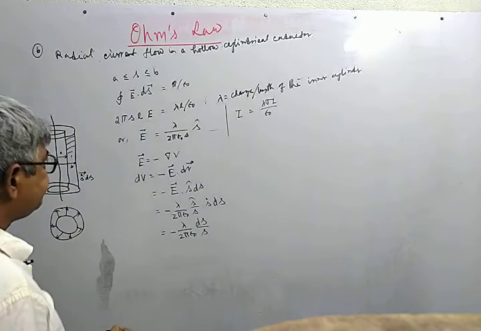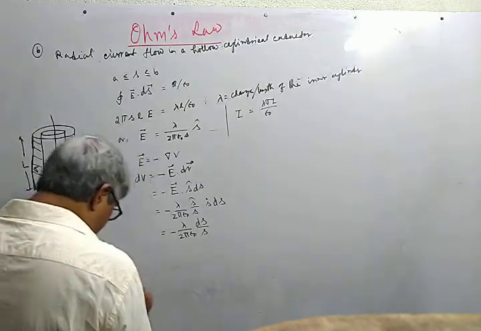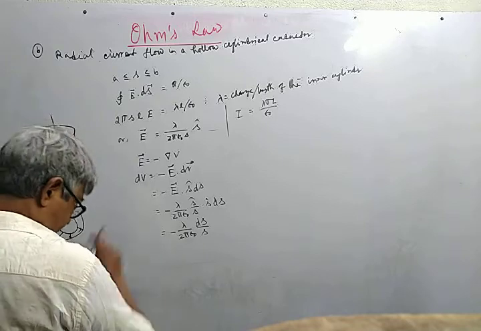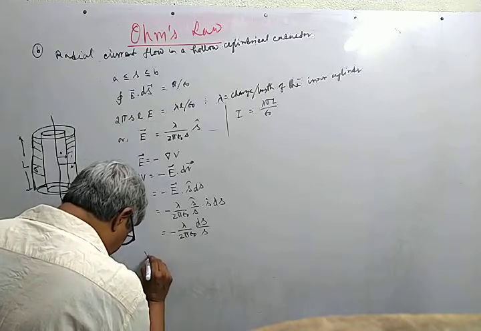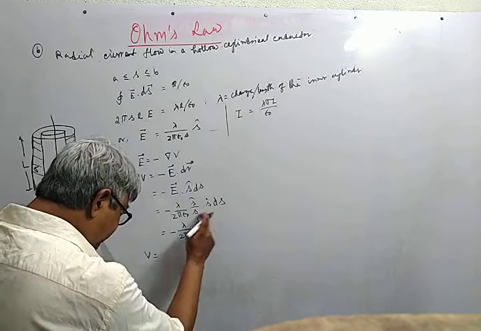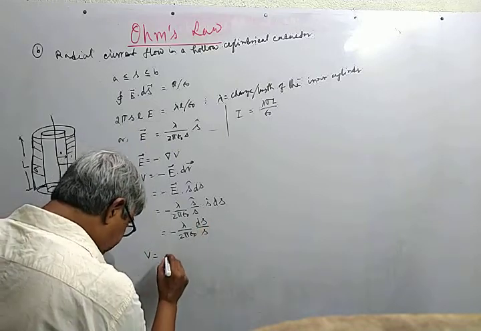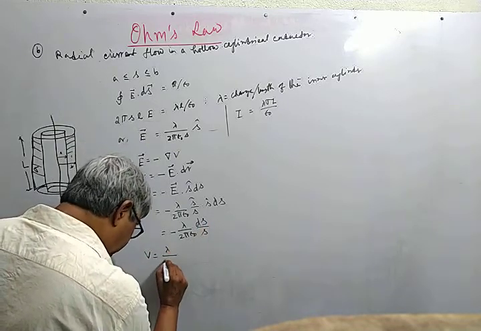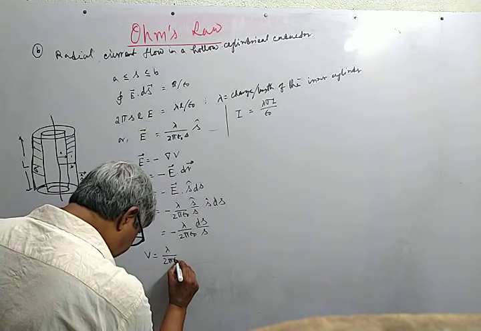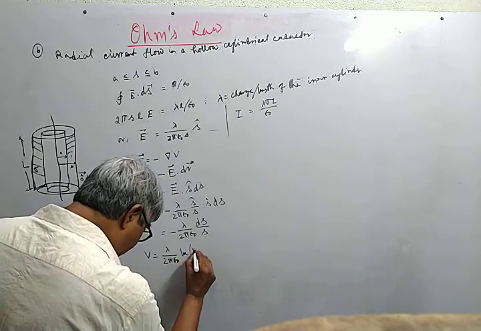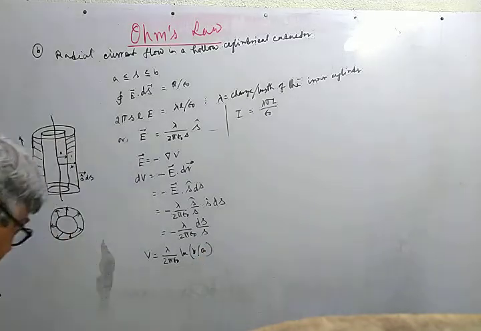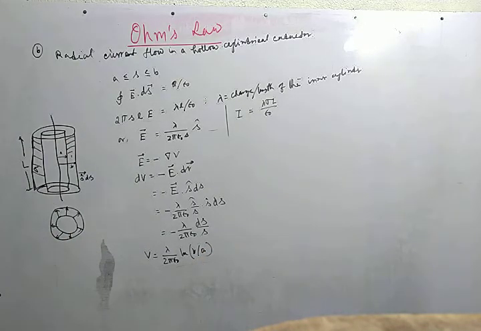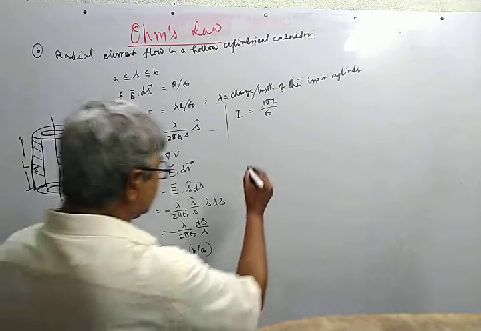So we get V by integrating it with proper limits, and on integrating, this function will be a log function, and this will be lambda upon 2 pi epsilon 0 log of b by a. So V is this.